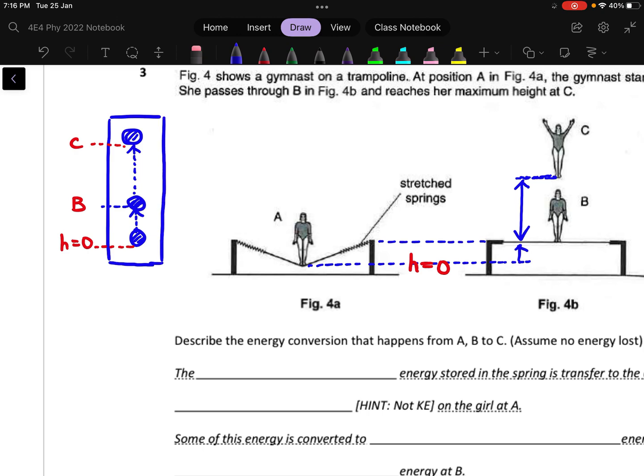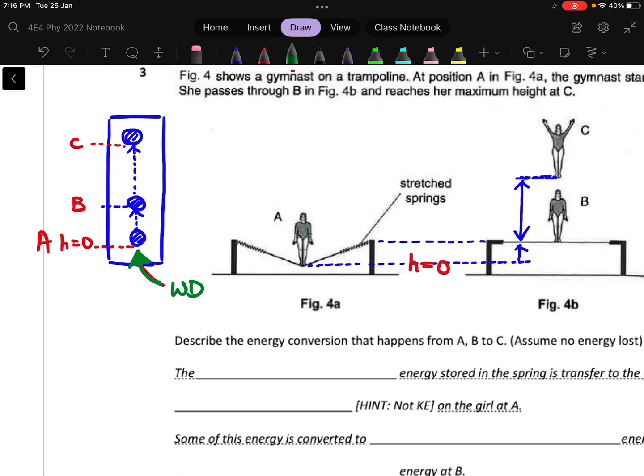So at H equals 0, this is A, somehow the gymnast begins to gain energy. That cannot be, right? There must be an energy input, meaning that down here some energy has been transferred into my system, and this energy must be coming from the spring.